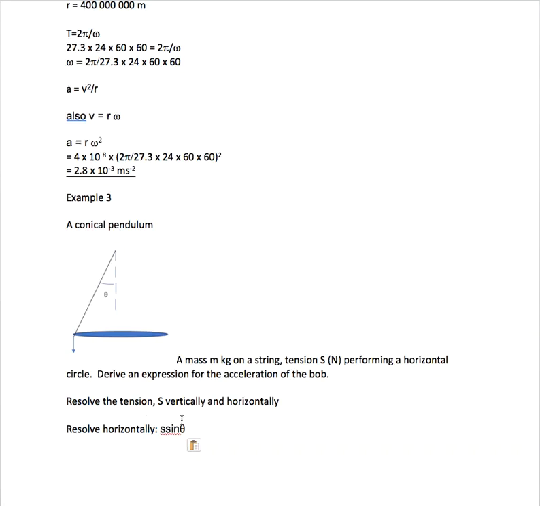And if you resolve it vertically, you're going to have S cos theta.